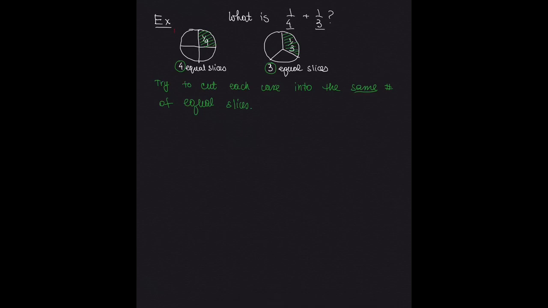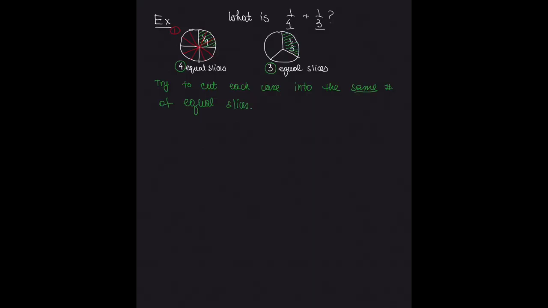So for the first cake, I'm going to take each slice that I already have in the cake and cut it into 3 equal sub-slices.